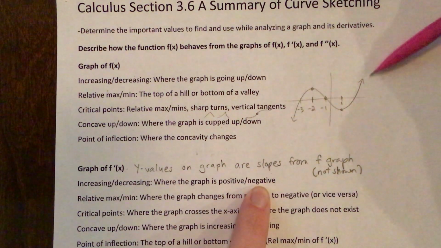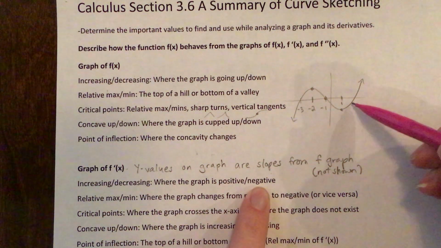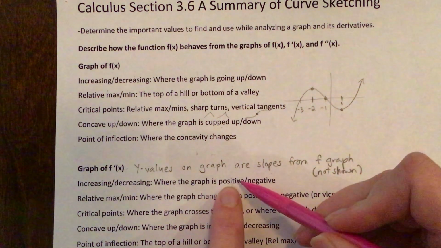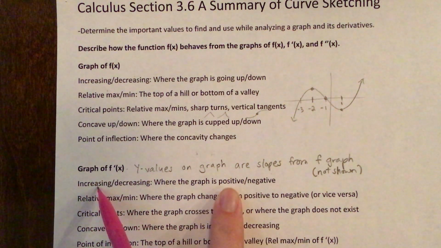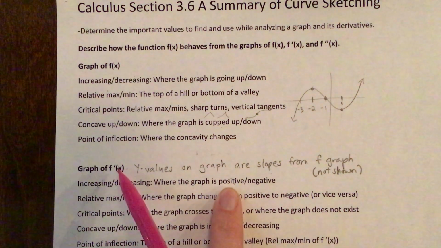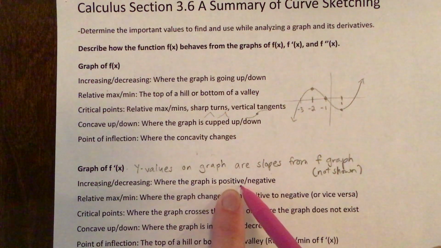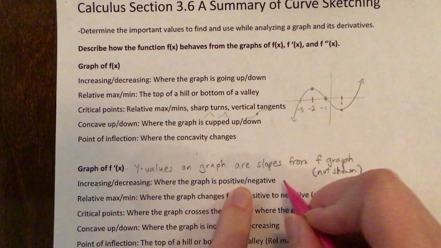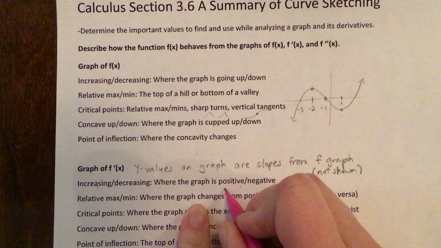Then from 1 until infinity, f is increasing, which means all those little tangent lines have positive slopes. Positive slopes go for increasing, so positive, your graph of f prime of x would have positive y values, meaning you're above the x-axis. I'm going to add that on here, above or below the x-axis.